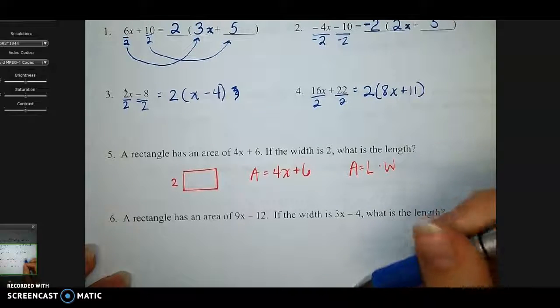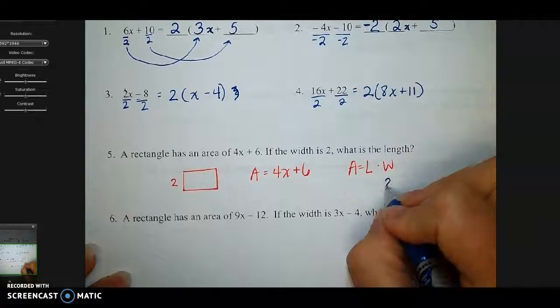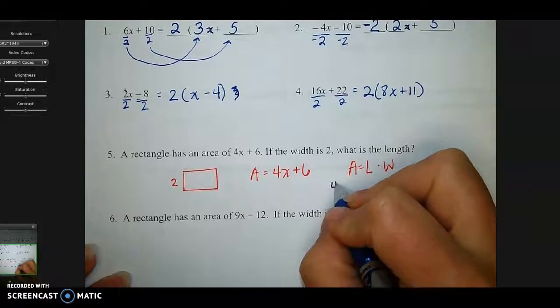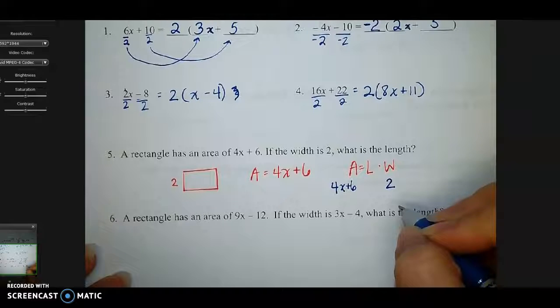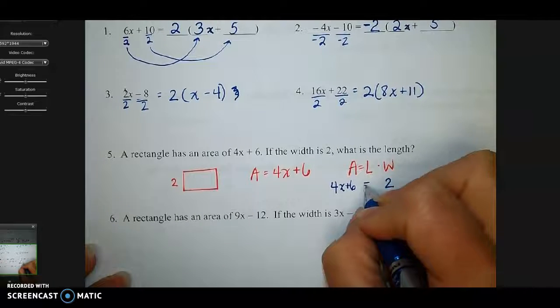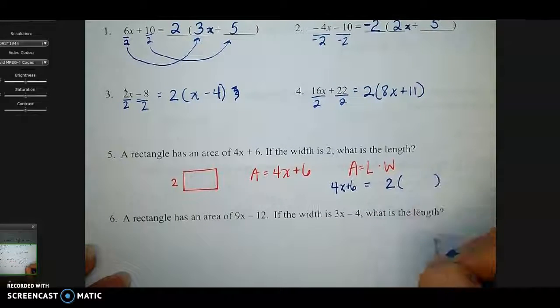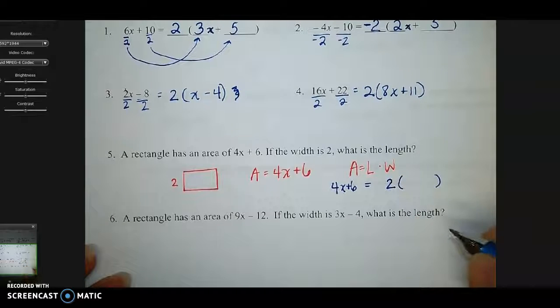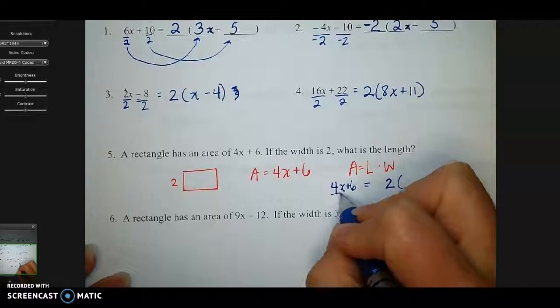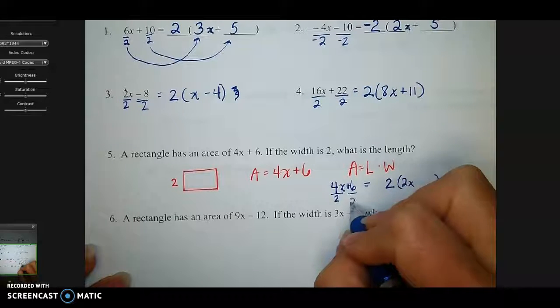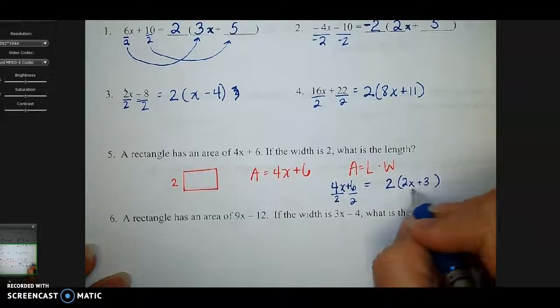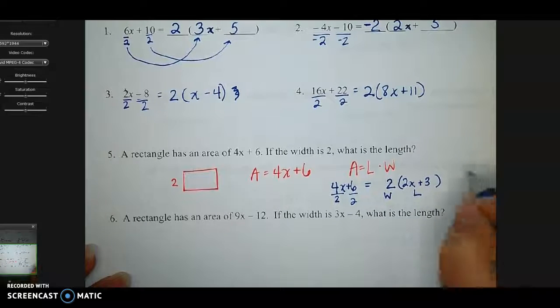They just told me that my width was 2 and my area was 4x plus 6. So 2 times something gave me that. So I'm thinking, well, if I go back and I undo that, so if I divide by 2, I can find out that this right here is the width, and then this expression is the length.